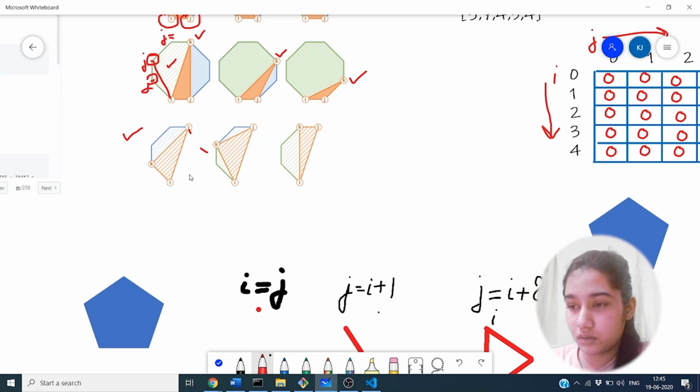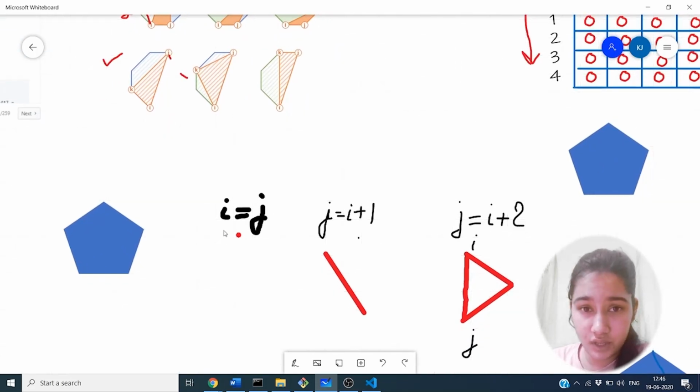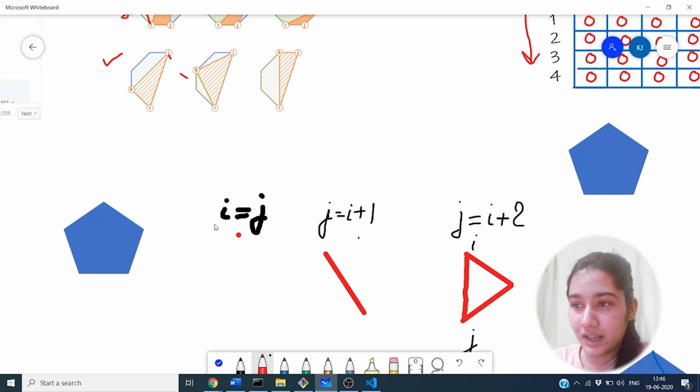Now, what if we initialize the value of j with i? If we initialize the value of j with i, then we are going to get only a single point, right? Which does not satisfy the condition of a triangle.